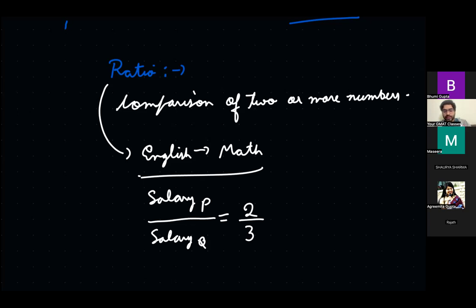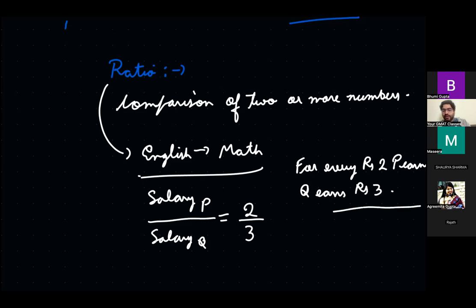That basically means in English that for every rupees 2 that P earns, Q earns rupees 3. So that is nothing but a comparison, right? For every rupees 2 that P earns, Q earns rupees 3.